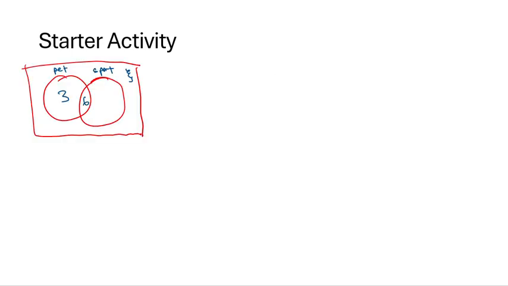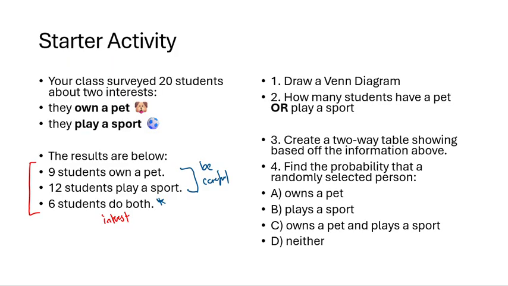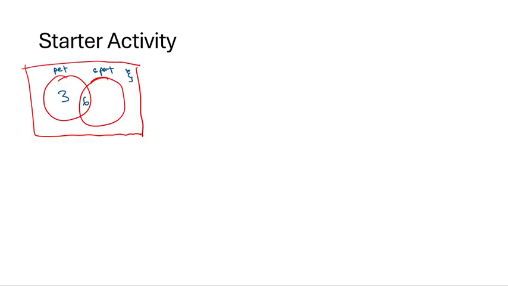Since we're done with the pets, we can now move on to sport. We have 12 students here that have an interest in sport. In my Venn diagram, I've already taken into account 6 of them. So I must find the remaining amount that also makes up 12. In this case, it's 6 as well.